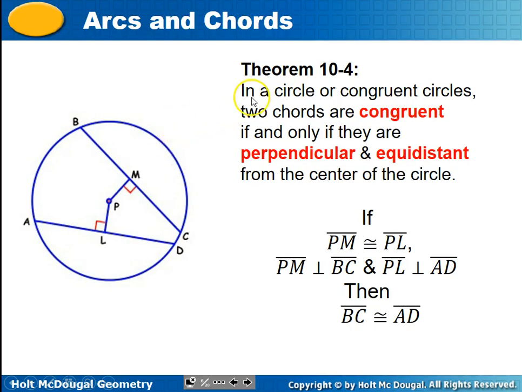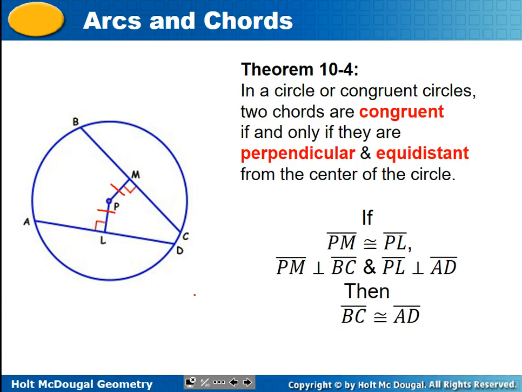So here's our theorem. First one, in a circle or congruent circles, two chords are congruent if and only if they are equidistant from the center of the circle. We know that they're perpendicular here by those right angle symbols. So that would mean that PM is congruent with PL.